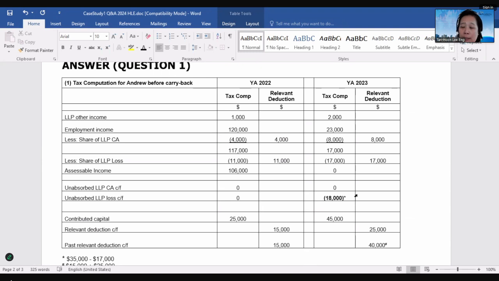In circumstances where the reduction in CC is so huge until the relevant deduction is more, then it will come in as deemed income in YA 2024. It will not be in 2022 and 2023. You look back at slide 47, you will have a clearer understanding. To the extent that the CC is so low, maybe $1 left, whatever that we gave, in that YA 2024, it will be a deemed income.